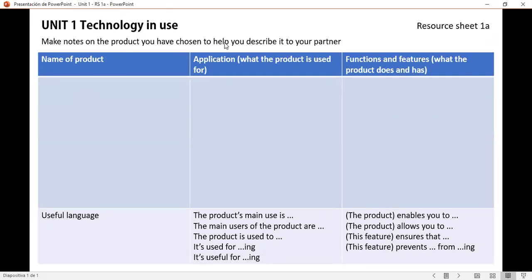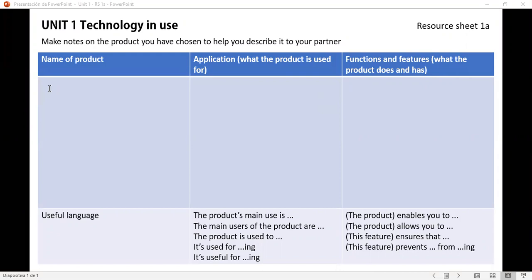But in this case, I have to talk about one product, specifically a product that I know in my work. It's a product that you know. I mean, you have two options.